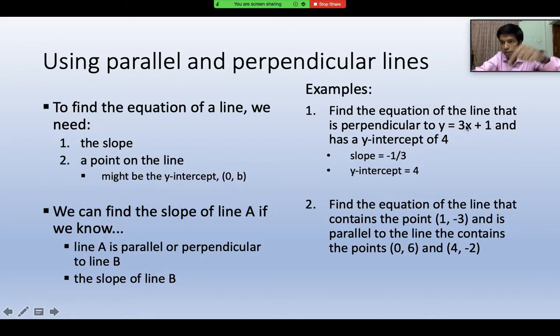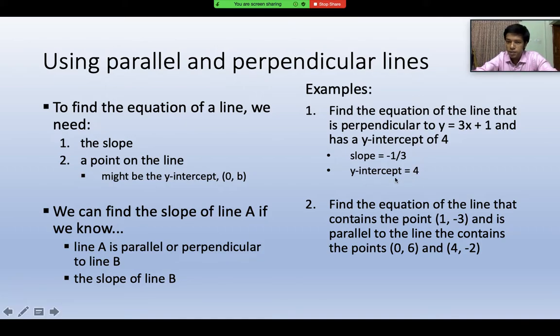So the perpendicular line's slope will be -1/3. If it is 4, then it will be -1/4. The minus comes from the negative reciprocal. If it is 5, the perpendicular line slope will be -1/5. Suppose if it is 3/2, the perpendicular line will be -2/3. Negative reciprocal. And the y-intercept is this.